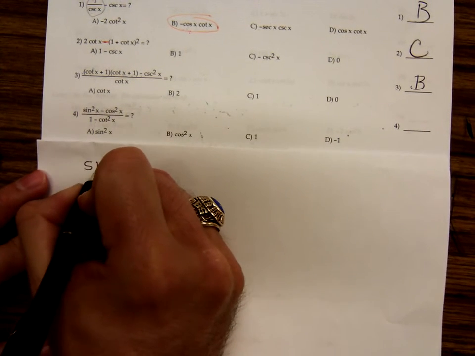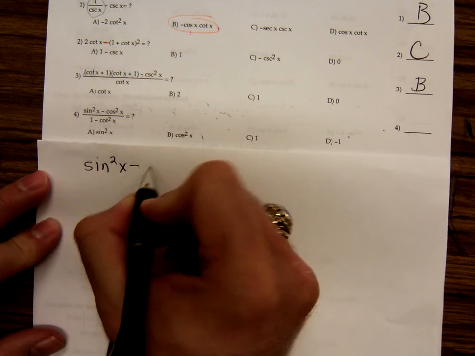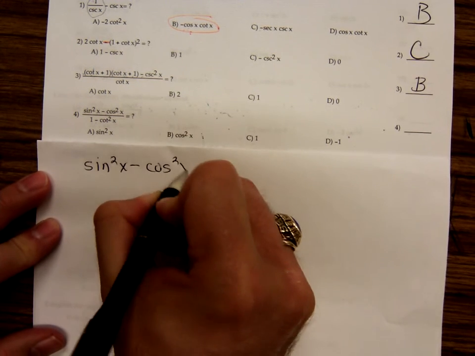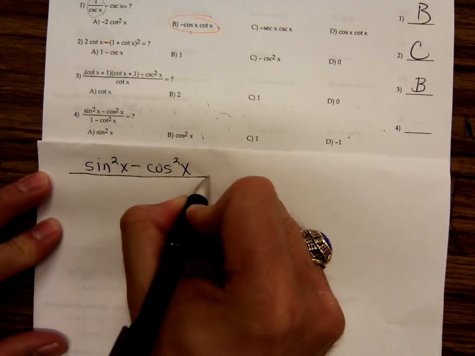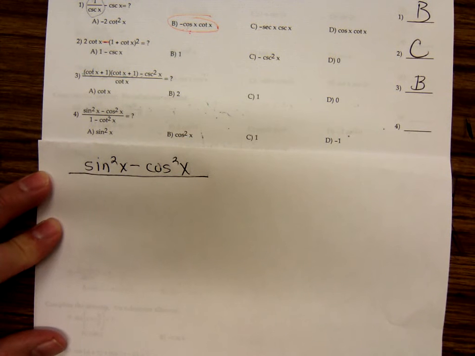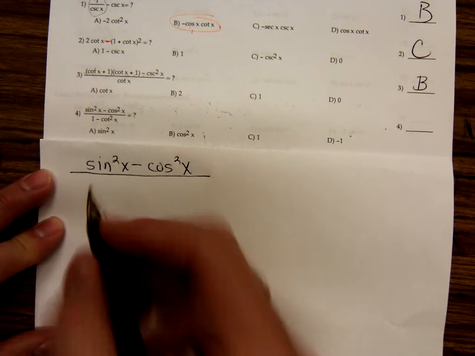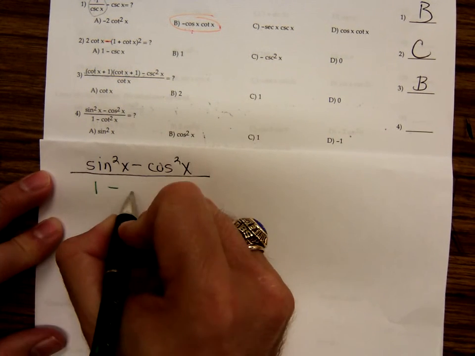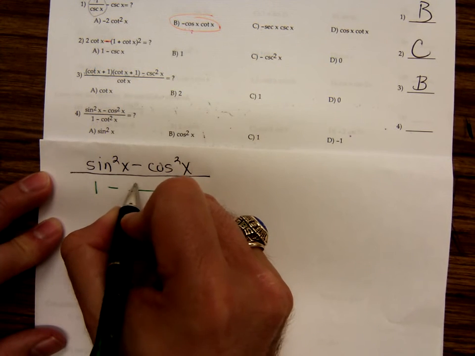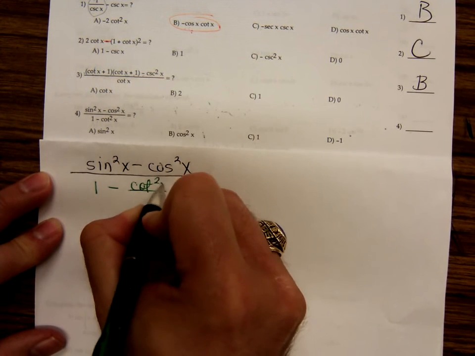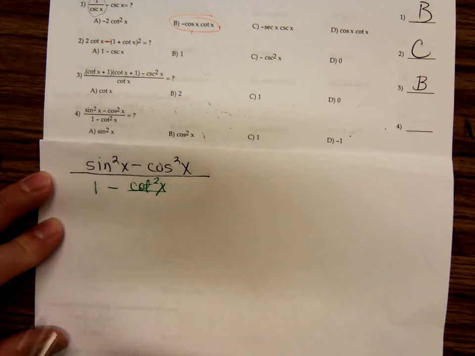Let's see. This one, there's really only one way. That's a cotangent squared x, 1 minus cotangent squared x. What I was going to do first was write everything in terms of sine and cosine.